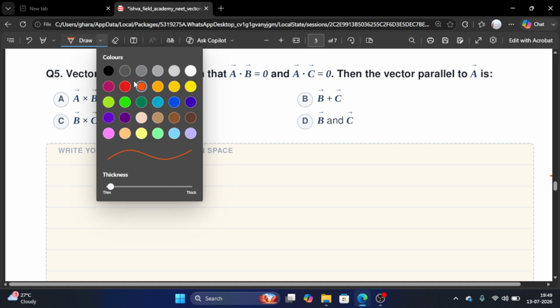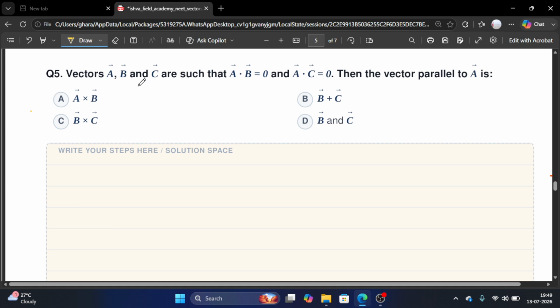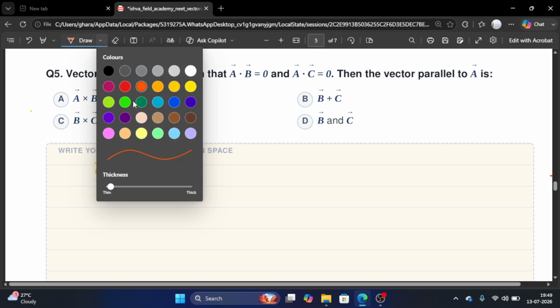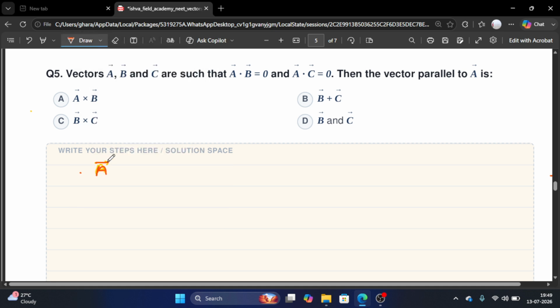The question is: vectors a, b, c are such that a dot b equals 0 and a dot c equals 0, then find the vector parallel to a.